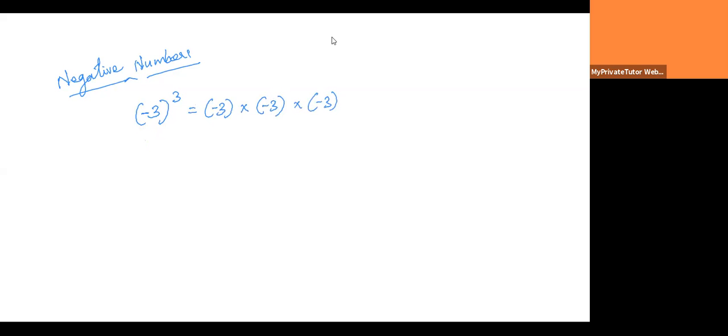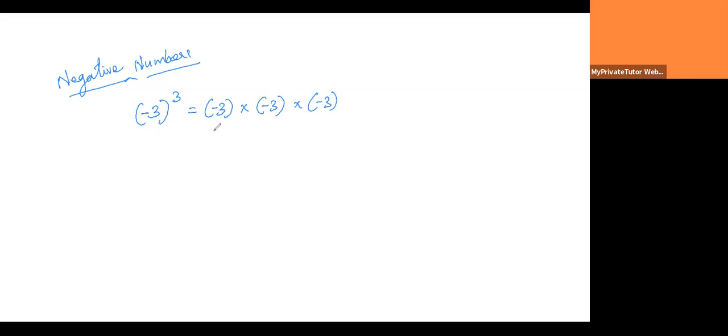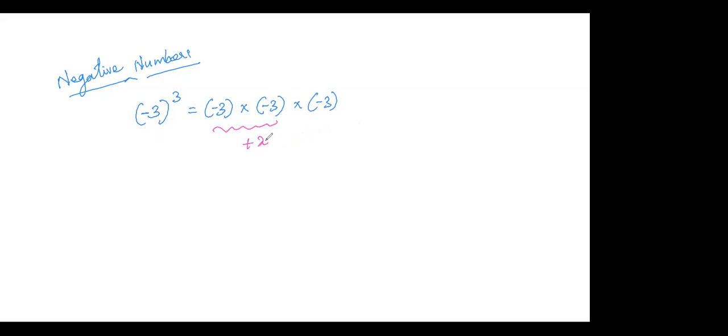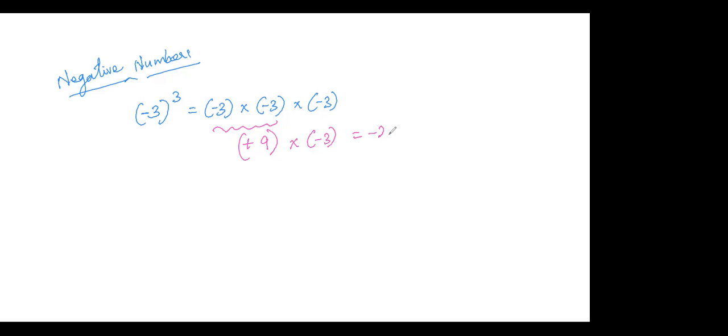I hope you know how to multiply using signs. Minus 3 times minus 3 is plus 9. Plus 9 times minus 3 gives us minus 27.